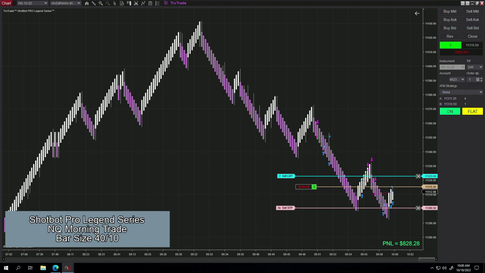Order submitted. Alright, it immediately entered a long position. After it hit break even, the momentum was pretty fast as you saw, so let's see if we can push through our first target.